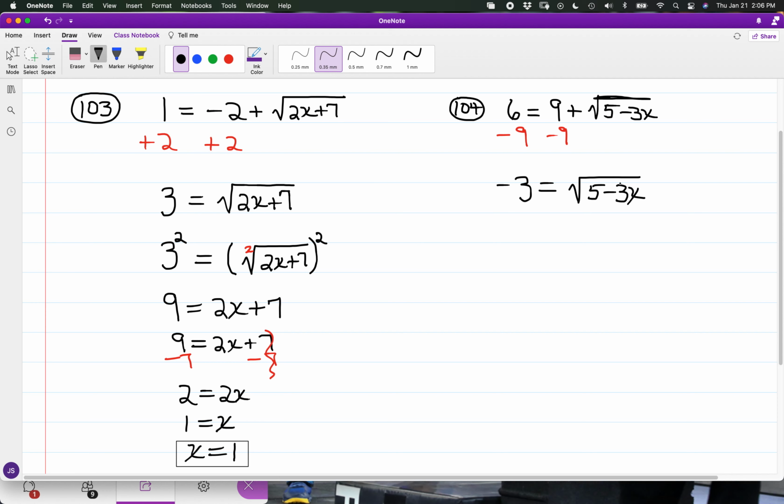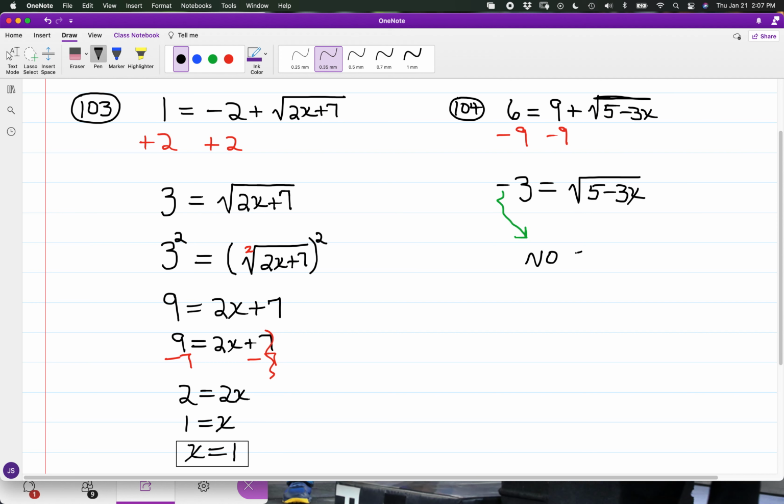Again, we have another even root radical. With the principal square root rule, the even root of an expression cannot reduce to a negative constant. Because of this negative 3, we're trying to reduce the square root of 5 minus 3x to a negative constant, which violates the principal square root rule.